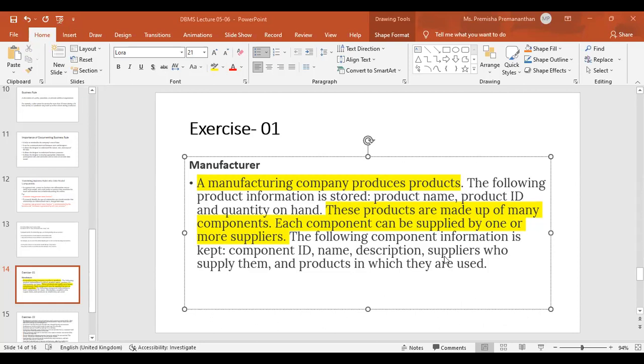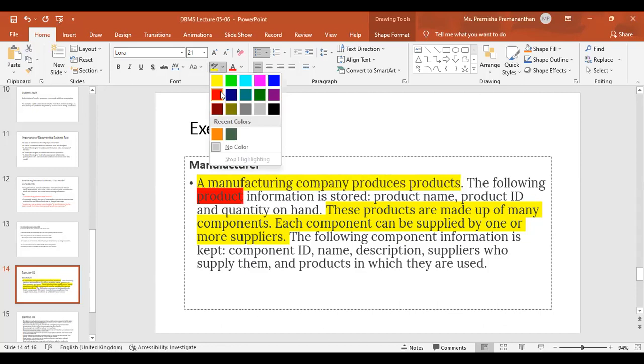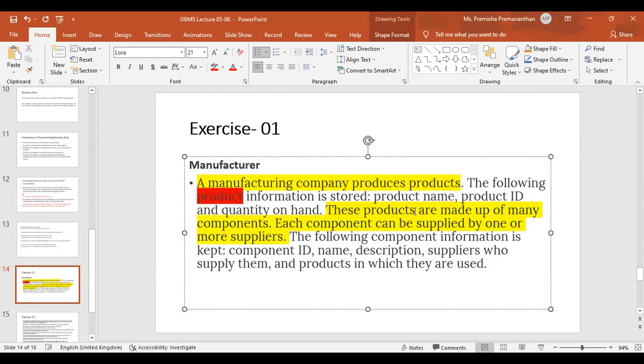But those 2 sentences are more information about those entities. For one entity, it is the following product information. So what is the entity here? Product. So product is an entity, and product name, product ID, and quantity are the attributes, right?